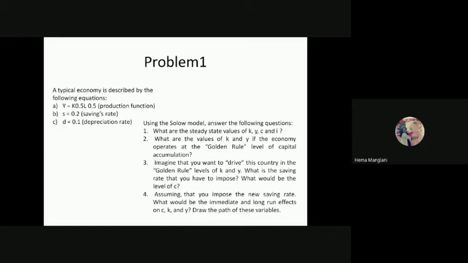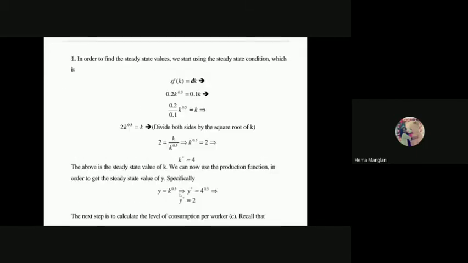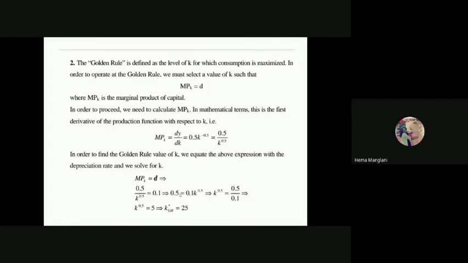The golden rule says that the line of tangency would occur on the production function, which gives us the maximum consumption. So that K star is always optimal, which gives us the maximum consumption. So here we need to use this golden rule of capital accumulation to estimate the values of K and Y.